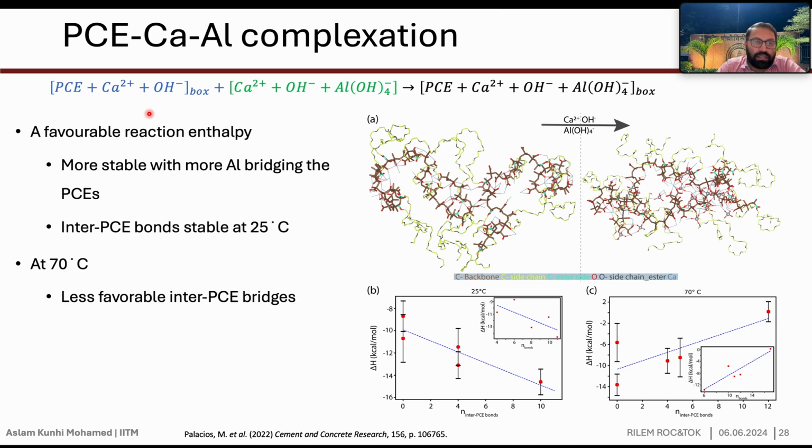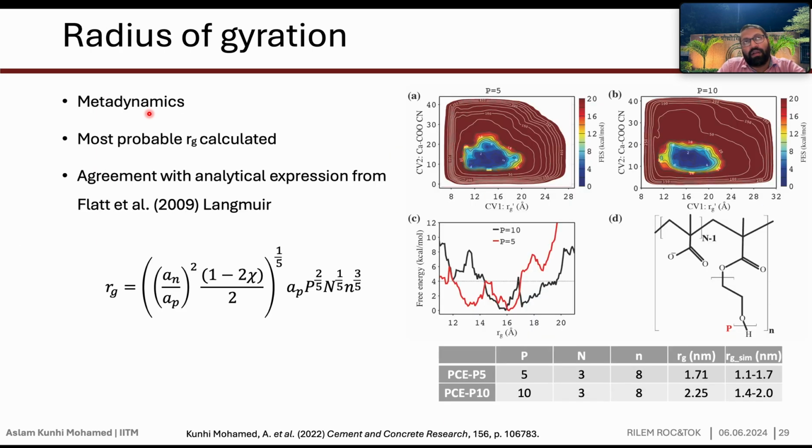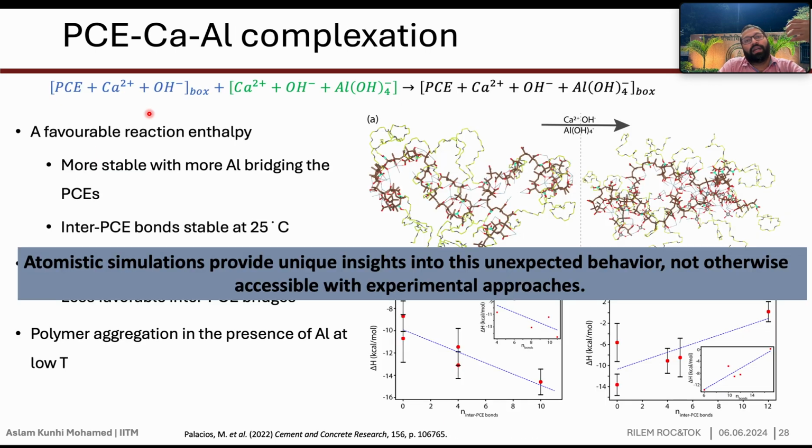This was an example where we could prove a hypothesis, or develop an insight, using atomistic simulations that is not otherwise accessible with experimental approaches. So we get to understand certain phenomena at the atomic level better this way.